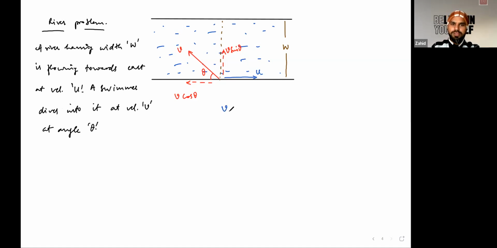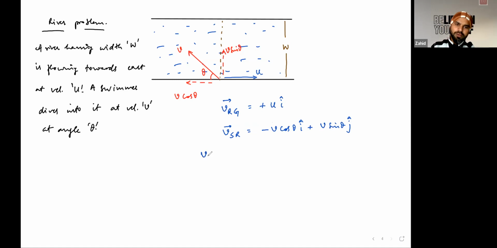First, velocity of river with respect to ground is along the positive x-axis, so it will be u times i cap. Velocity of swimmer with respect to river, since he has just dived into the river, so the river will be the system for that particular swimmer. So velocity of swimmer with respect to river, having two different components, will be minus v cos theta i cap and plus v sine theta j cap.